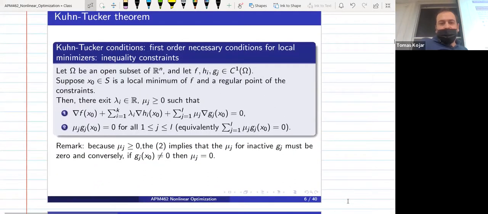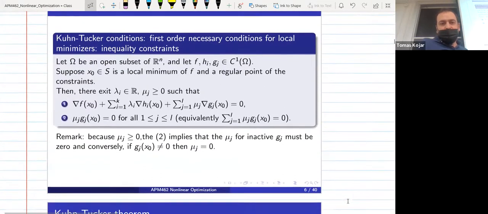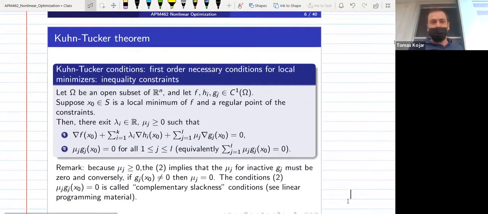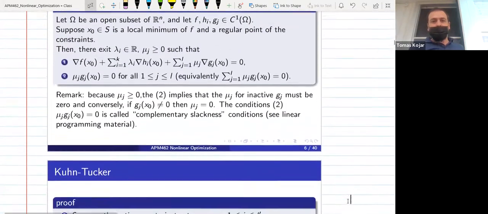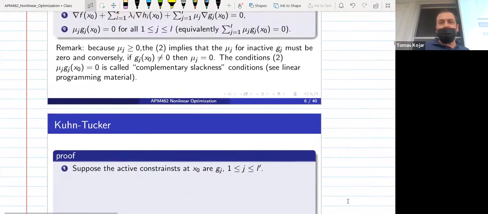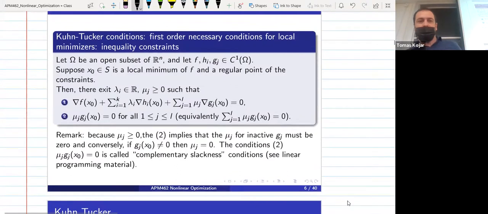So if G j of x naught is not 0, namely inactive, then mu j is 0. All right. So again, I'm going to prove to you that local minimum implies these two conditions. We've done this a couple of times.